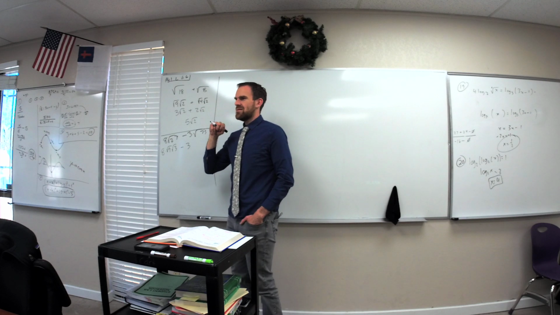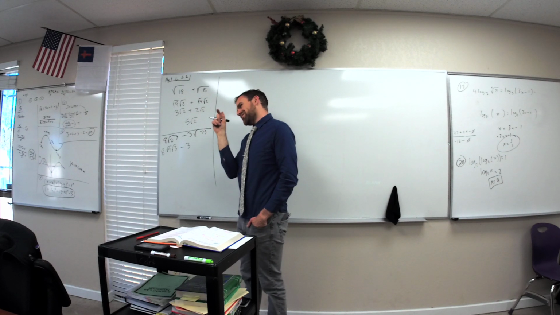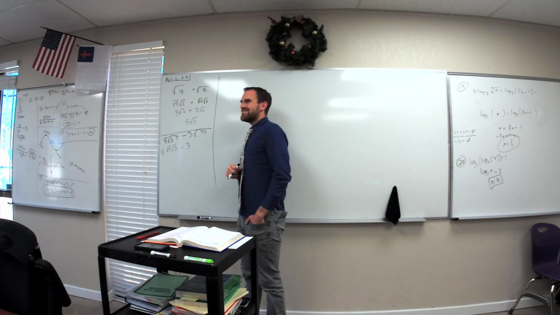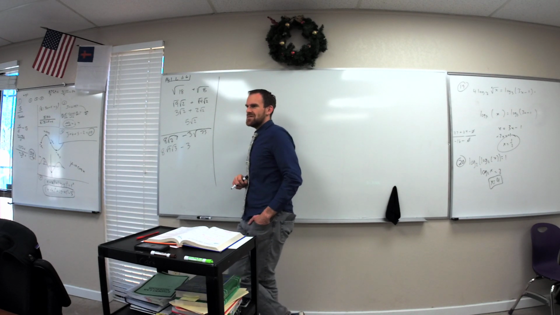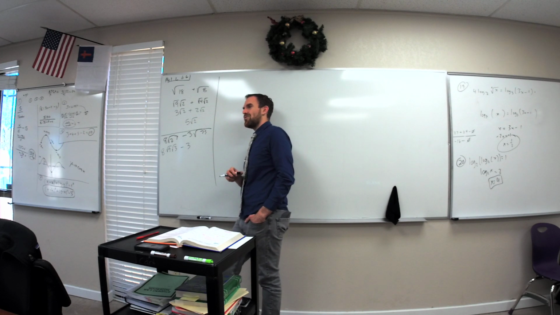What perfect square? I want the perfect square part. 3 times what? 3 times 6 is not 75. 3 times 50 is not 75. 15 times 3 would be 45.